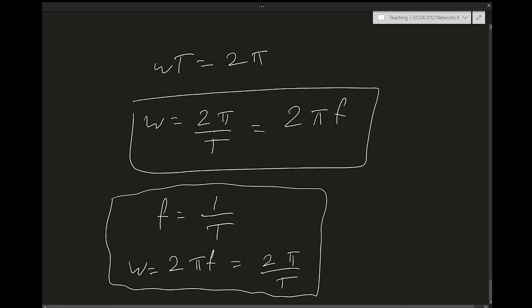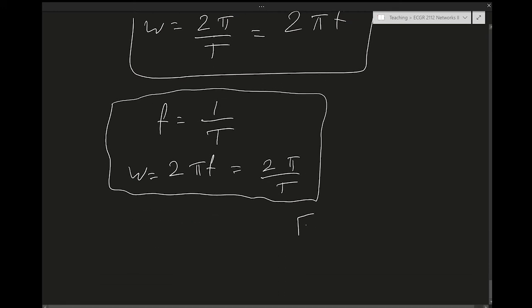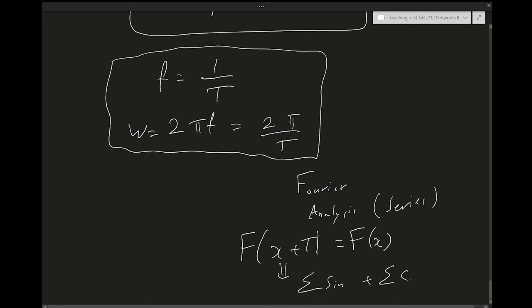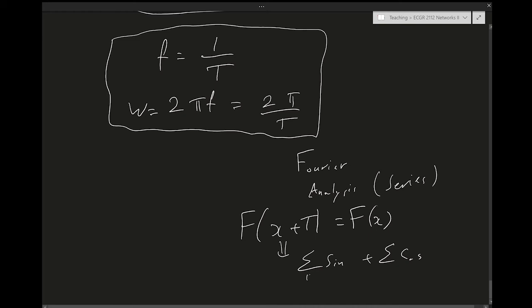Sinusoids, by all means, are not the only periodic functions, but they are the simplest periodic functions. Actually, using Fourier analysis, in particular the Fourier series, we can express any periodic function, like any general function, f(x plus T) equals f(x), as a sum of sines and cosines, where the sum goes from 0 to infinity.